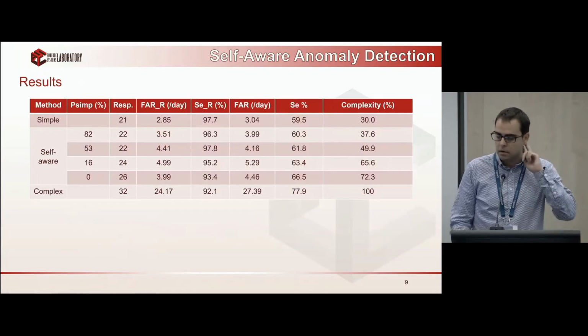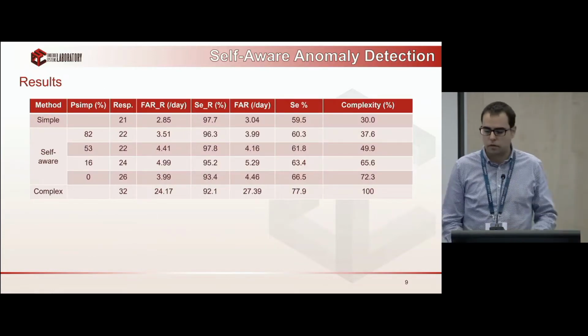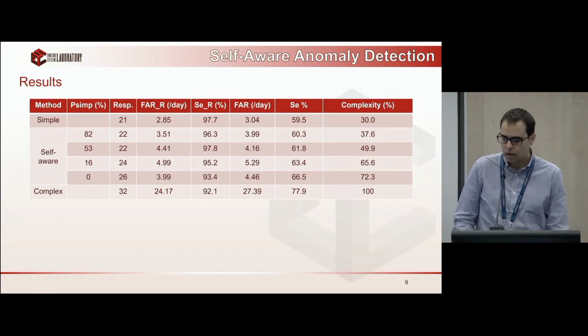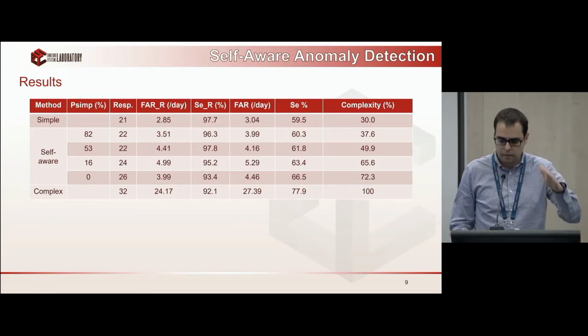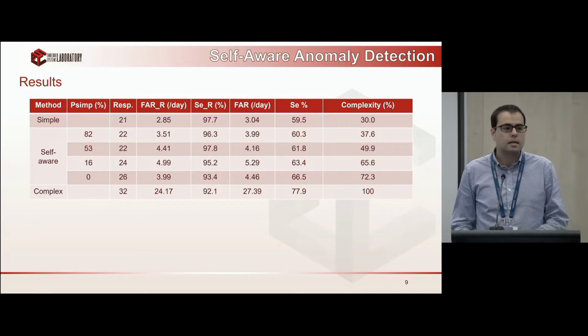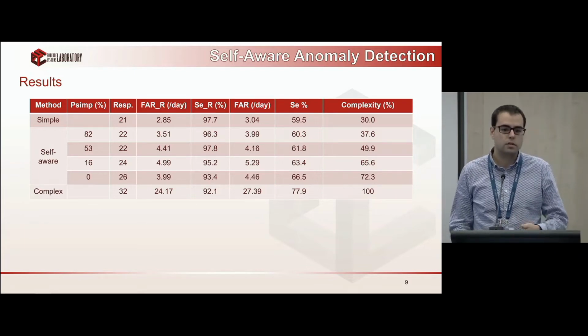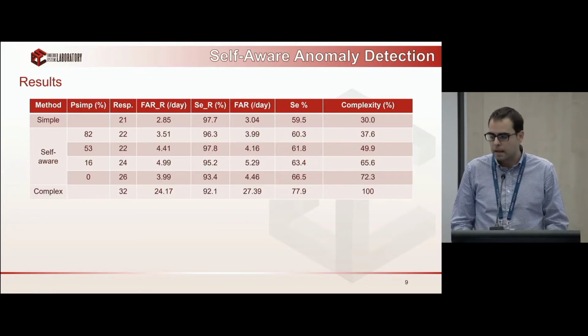And here in this table, we can see the results of this approach. In the first column, we have the different levels of self-awareness. The second column is the threshold we put on the confidence we require to use a simpler or a more complex model. Then the third column is what is called responders in the literature.